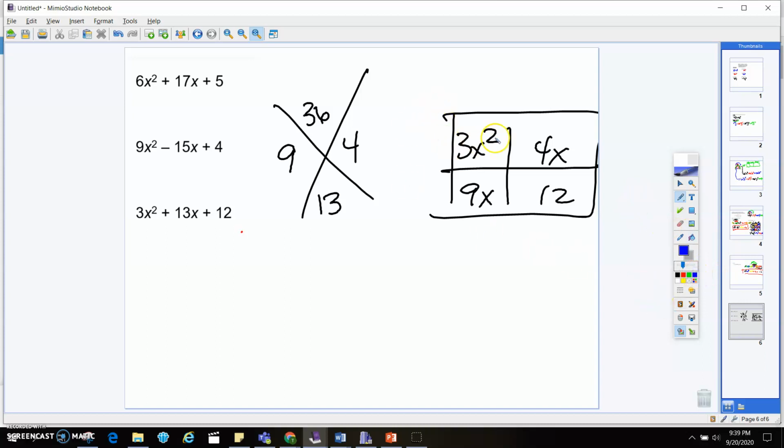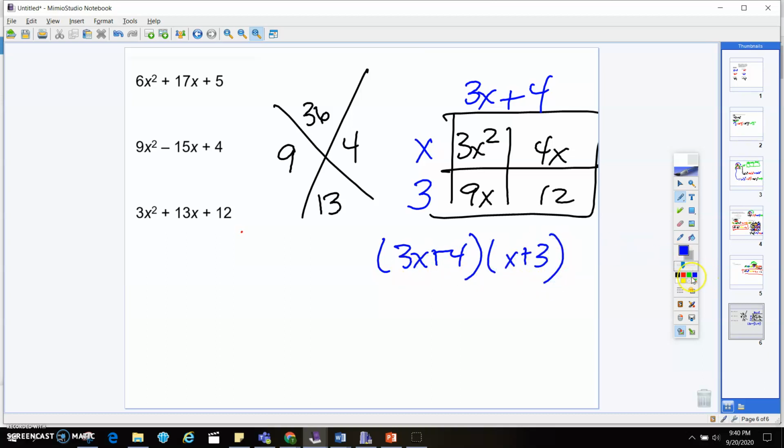We're going to pull out the greatest common factor. From here, we're going to get 3x. From here, we're going to get a 4. From here, we're going to get an x because x times 3x gives us 3x squared. From here, we're going to get a 3. So we'll have 3x plus 4 and x plus 3.